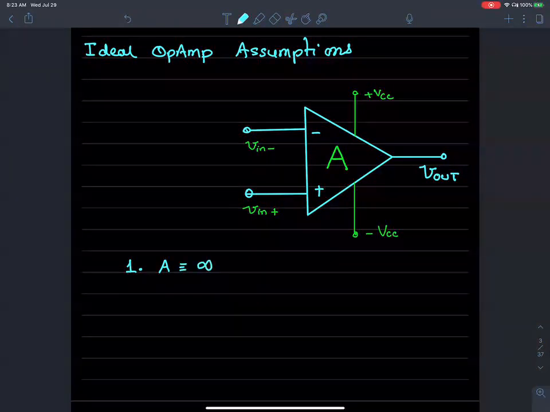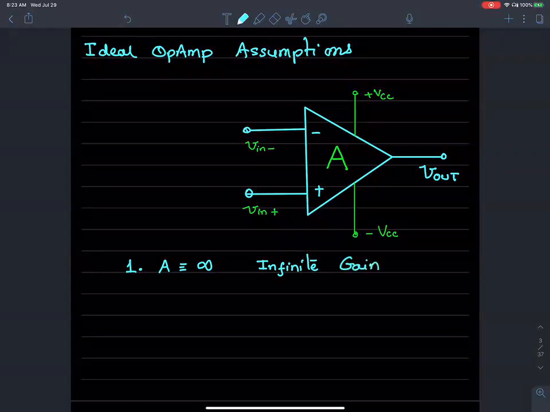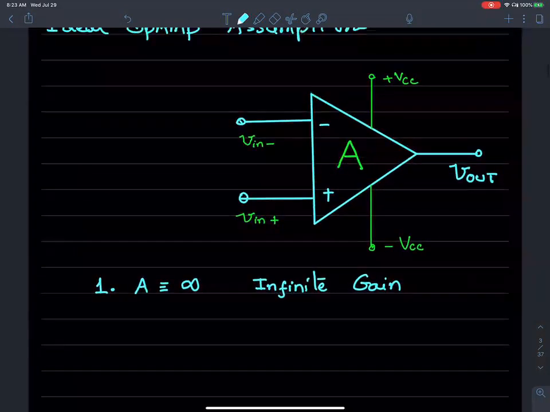Remember the open loop gain? I picked a large value for it, a value of 10 to the 4. So the assumption is that in an ideal op-amp, the open loop gain is infinite. This is not true in a practical case, but to solve our problems in an ideal scenario, we assume that the open loop gain is infinity.